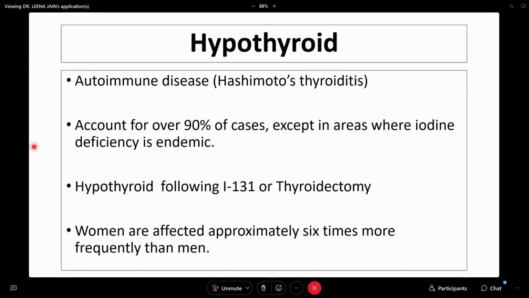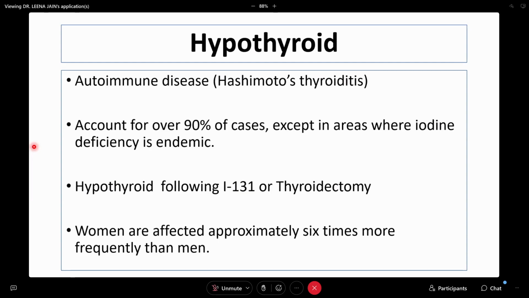So under hypothyroidism, one of the commonest things is autoimmune thyroiditis. Hashimoto's thyroiditis is a very common diagnosis. It accounts for 90% of the cases of hypothyroidism, except in areas where iodine deficiency is endemic. In those areas there could be hypothyroidism because of that.